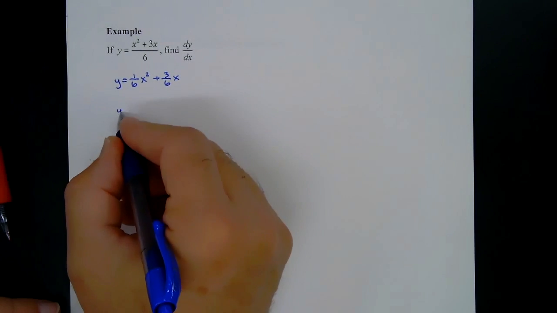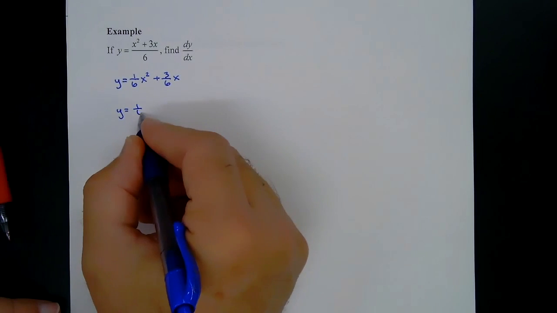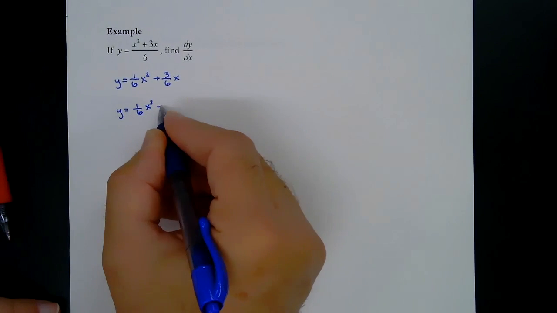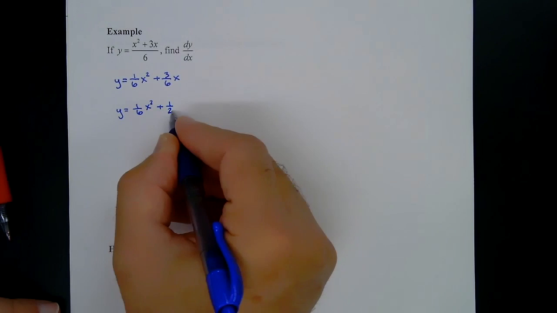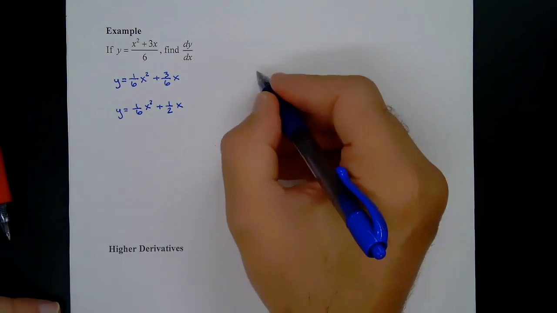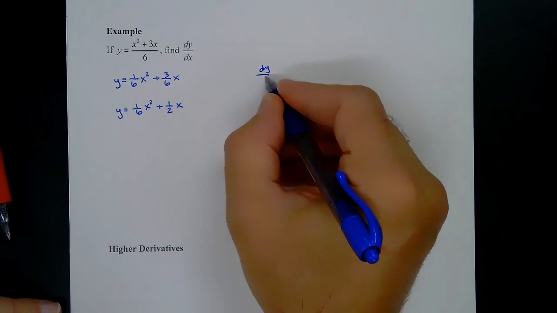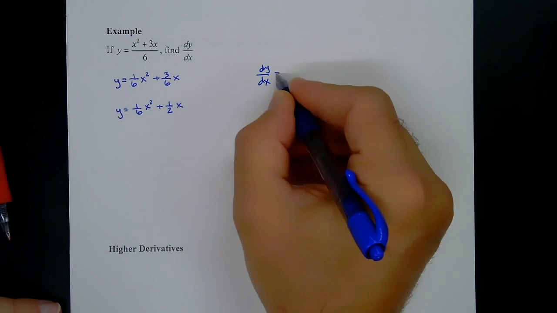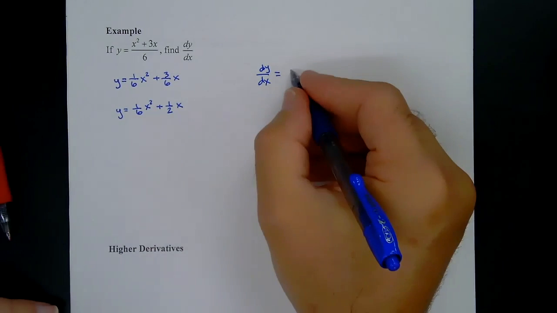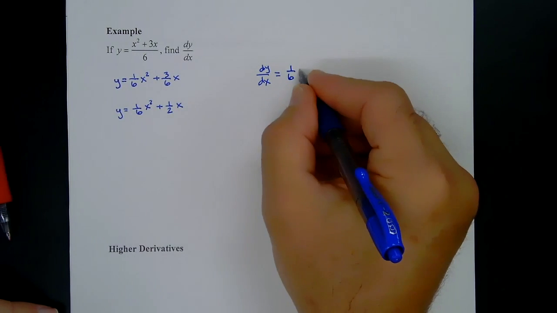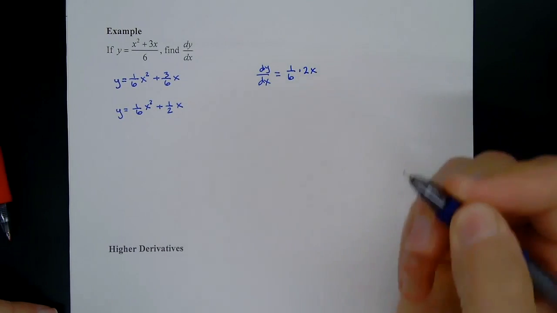So this becomes y is equal to 1/6 x squared plus, and 3/6 becomes 1/2 x. So what does dy over dx become? Well, it'd be 1/6, because that's a constant, times 2x, right?